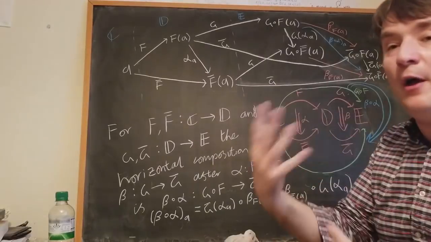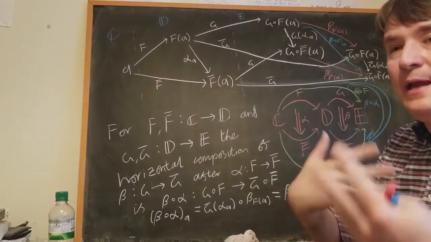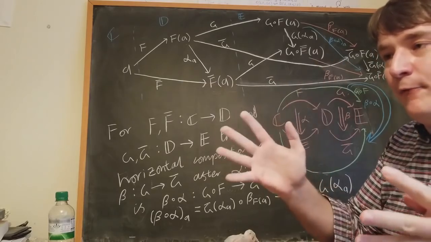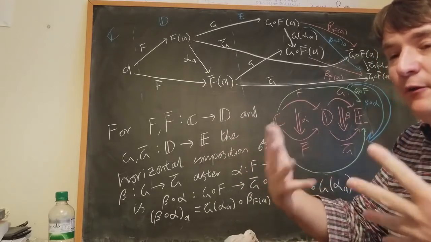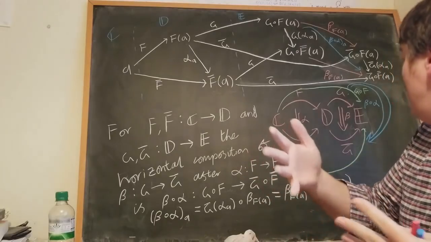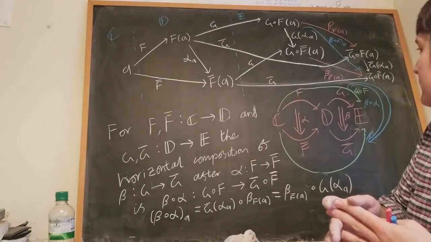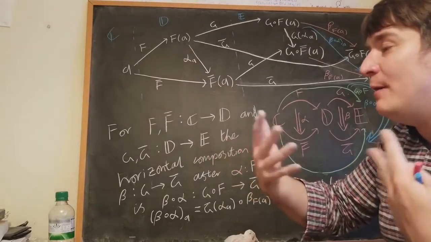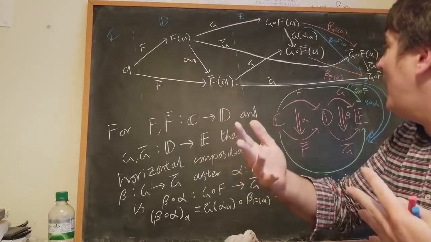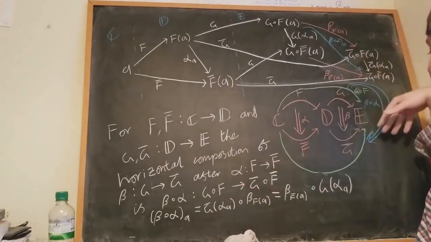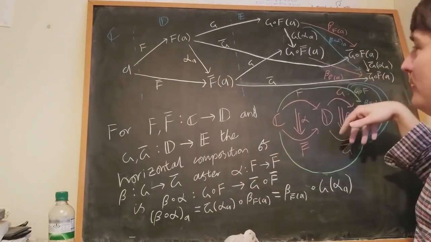Okay, so that really finishes the core definitions that we need to know to do a lot of category theory. One thing that you may want to do, it's a really nice exercise, is to actually convince yourself that this is a natural transformation.